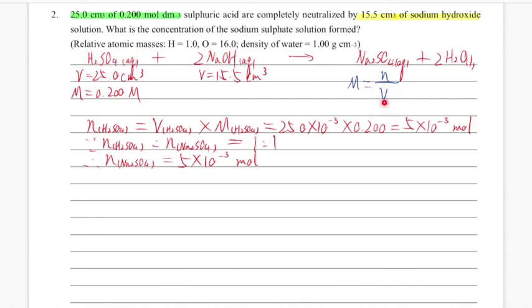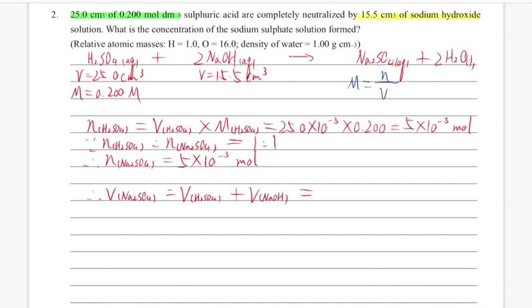And then, okay, now we know the number of mole. We need to work out the volume, okay? So the volume should be the volume of sulfuric acid plus the volume of the sodium hydroxide we add in. So the volume of sodium sulfate should equal the volume of sulfuric acid plus the volume of sodium hydroxide.